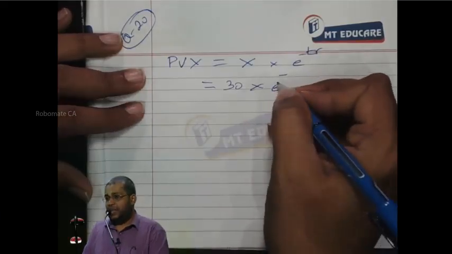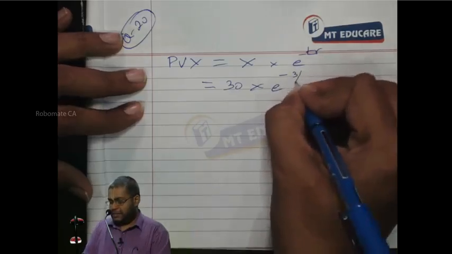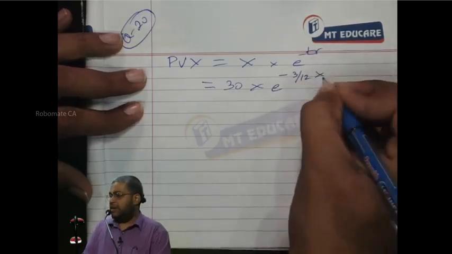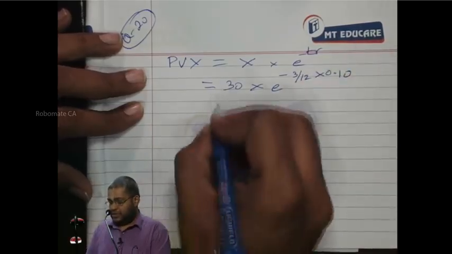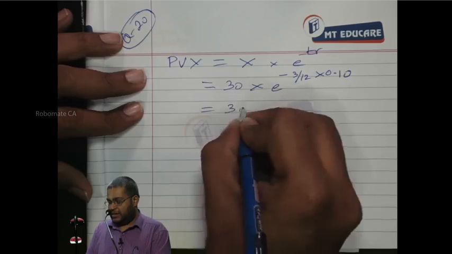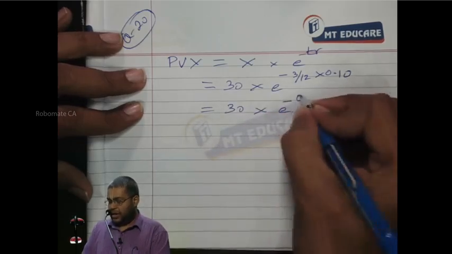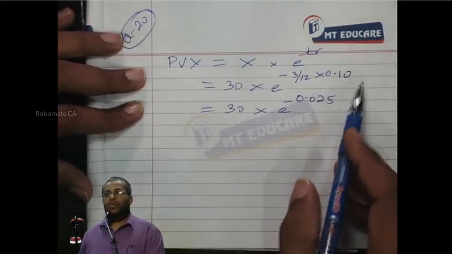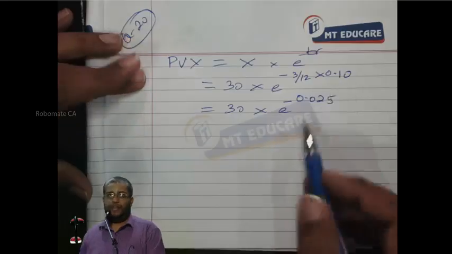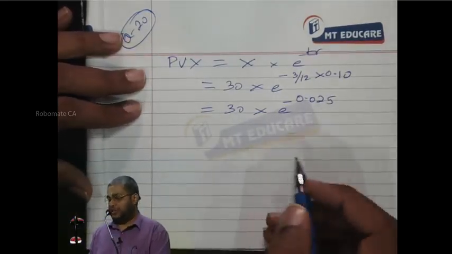How many months here? 3 months, so we write 3 by 12, always expressing time in years. 3 by 12 into the interest rate per annum, 0.10. Simplify: 30 into e power minus 0.025. 10% per annum is 2.5% for 3 months. So 30 into e power minus 0.025.